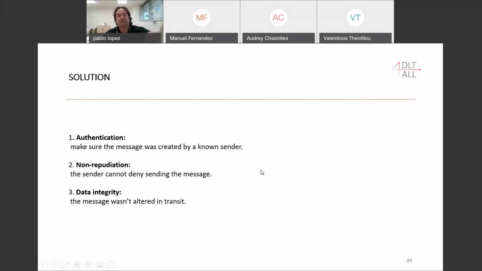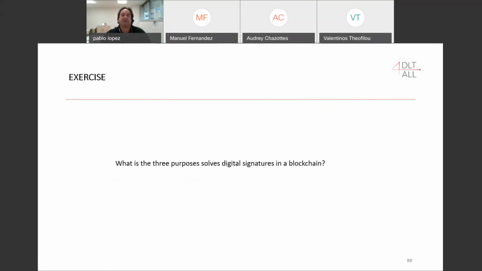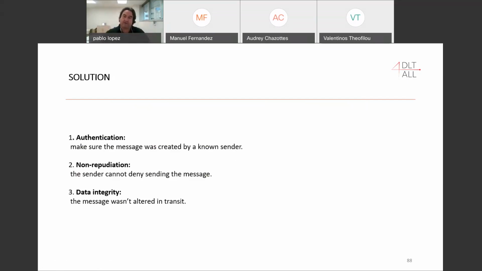So, authentication, non-repudiation, data integrity are the three main characteristics or purposes of these digital signatures in a blockchain, and they are concerned in a bigger concept, which is digital identity, also called self-sovereign identity.